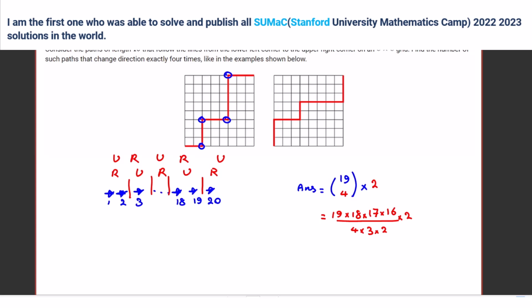Let me check AIME problems, whether we have something like this at the end that does not find the answer mod 1000, because otherwise our solution is right. It says find the number of such paths that have 4 turns like that.